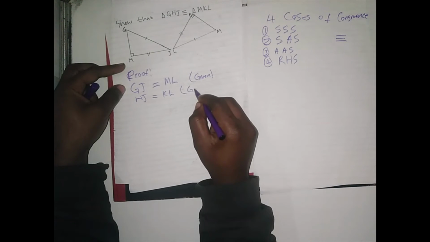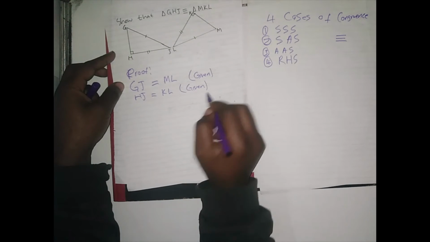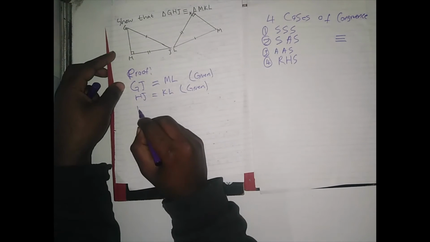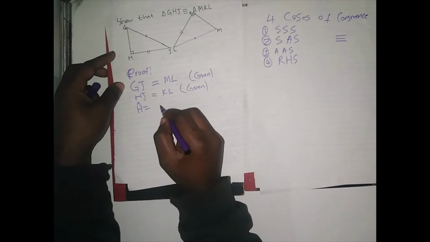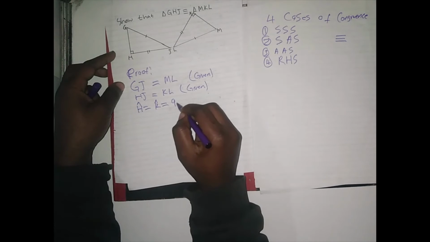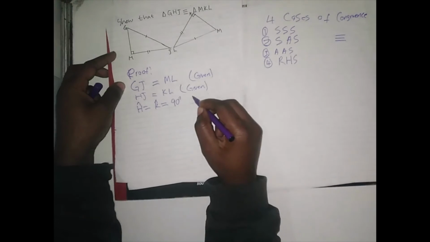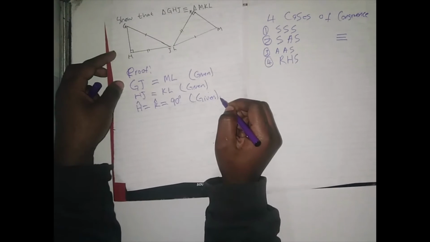That is given. And then we've got H being equal to what? Being equal to K. Not just being equal to anything, but being equal to 90 degrees. Now, where do we take that? That was also given.